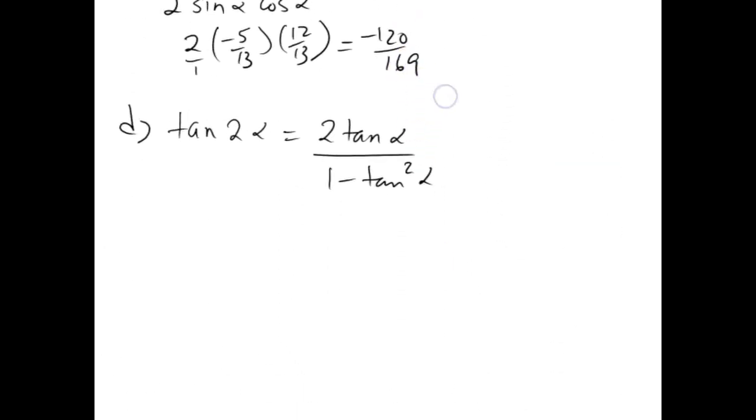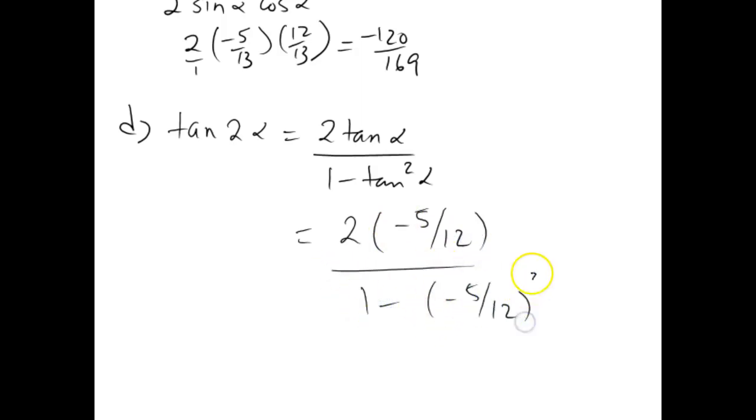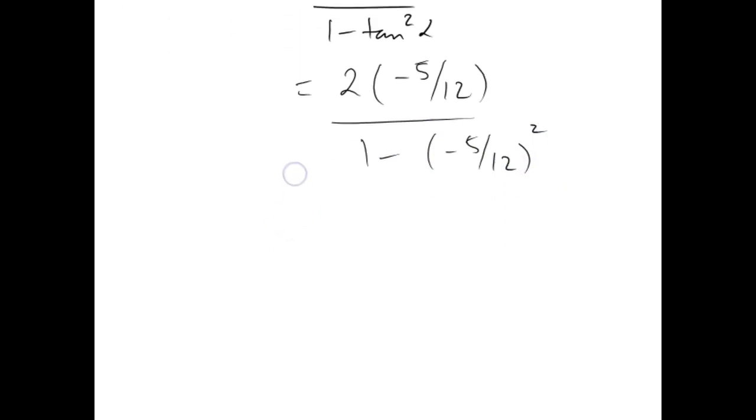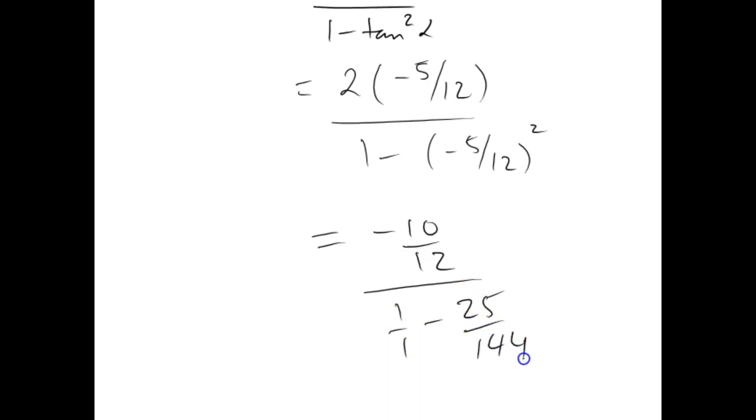So this becomes negative 5 over 12, 1 minus negative 5 over 12 squared. So the top easily becomes negative 10 over 12. The bottom, we'll work it out, it's going to be negative 25 over 144.